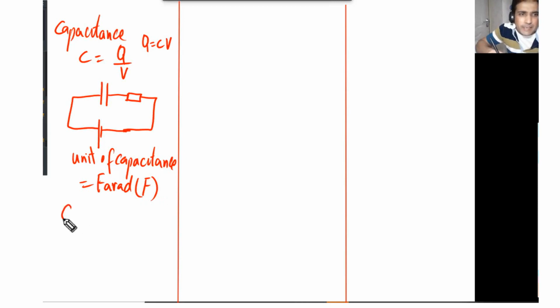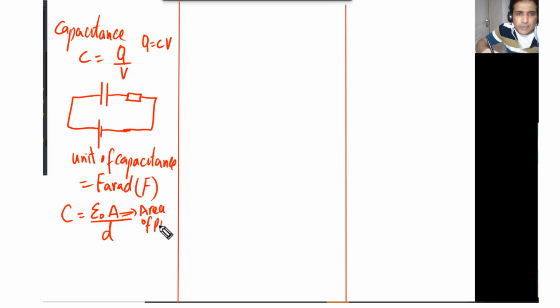And capacitance actually is not depending on Q and it's not depending on V. Actually, capacitance depends on epsilon naught A over D. A is the area of the plate. It depends on area of the plate. If the area is bigger, so capacitance is greater.